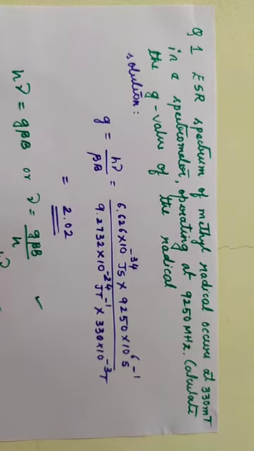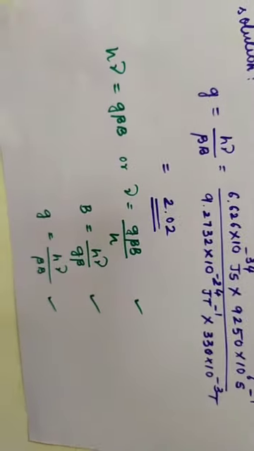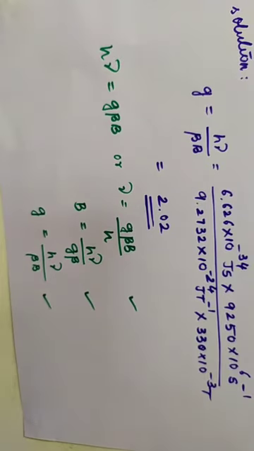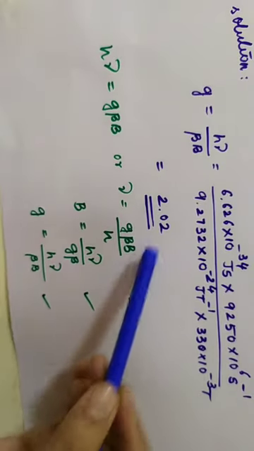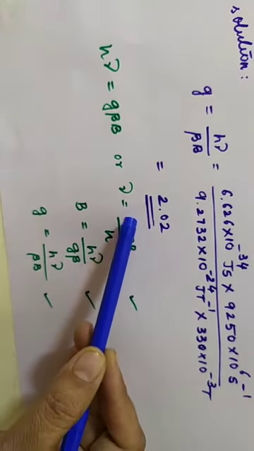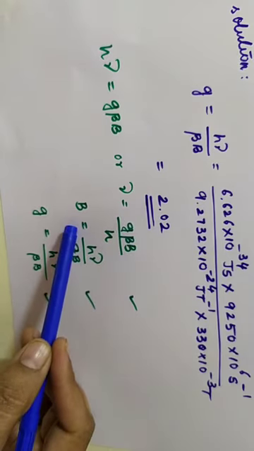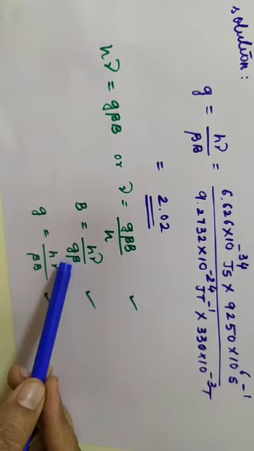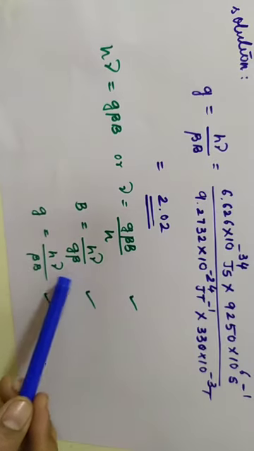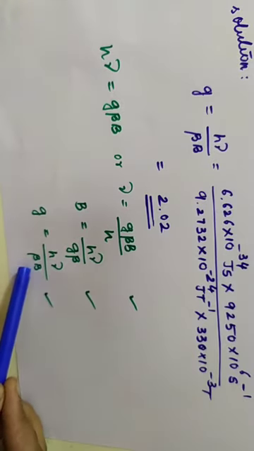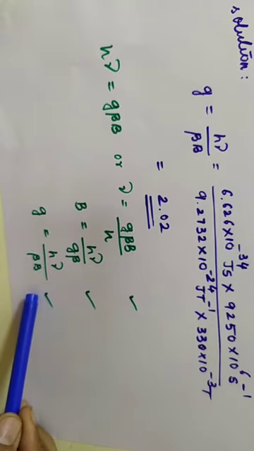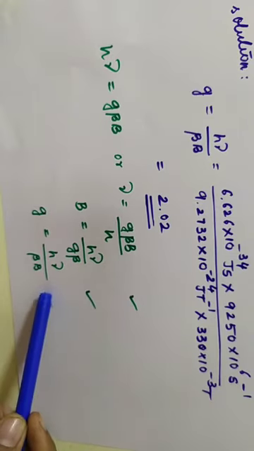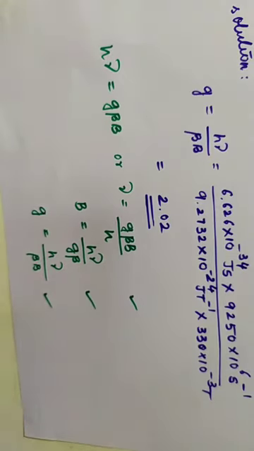We can rearrange the formula into different forms like ν = gβB/h to calculate ν, and we can calculate B by rearranging the equation as B = hν/gβ, or g = hν/βB. So based on the requirement, we can rearrange the expression and calculate the respective parameter.